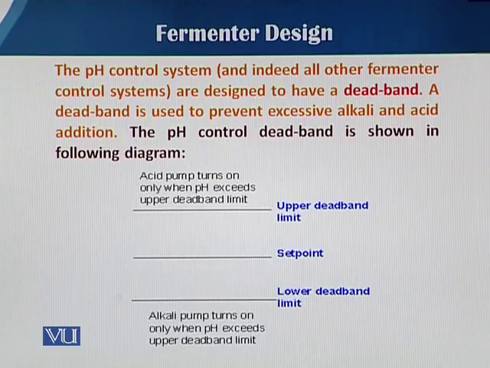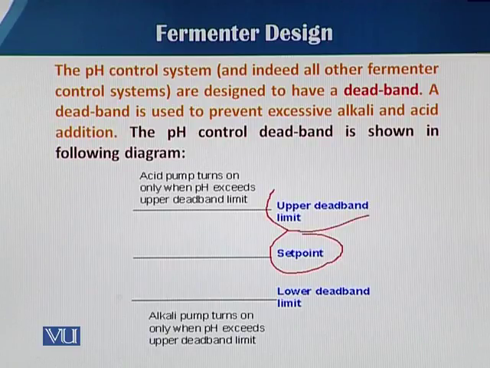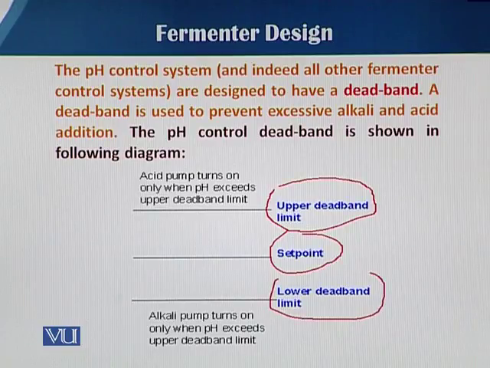So there is a continuous on and off of the alkali and acid delivery system. In such a case, continuous on and off can affect the fermentation volume. So one is the set point, that is the pH we require, and then there is the upper limit, known as the upper band, and then the lower limit.